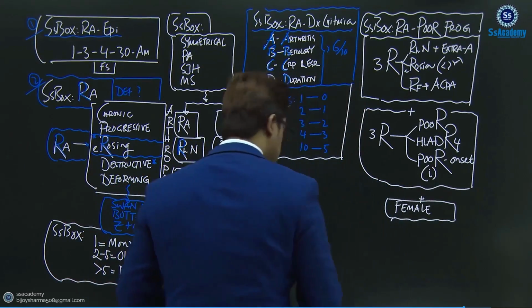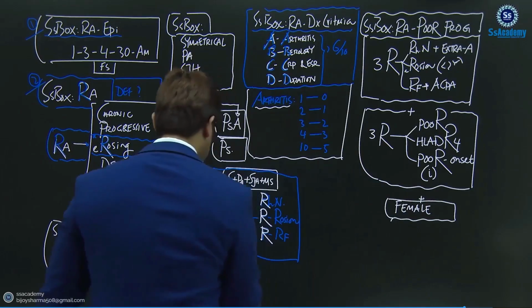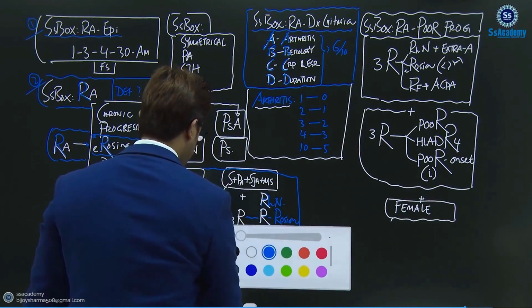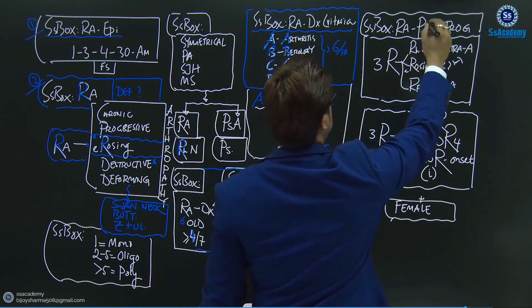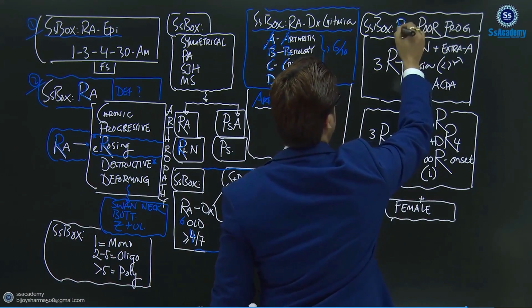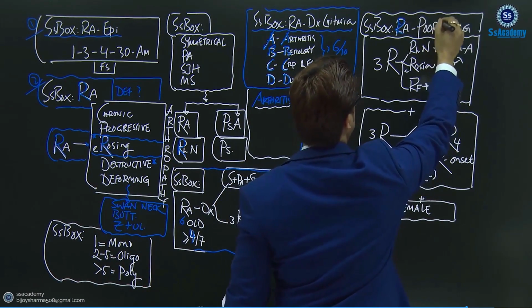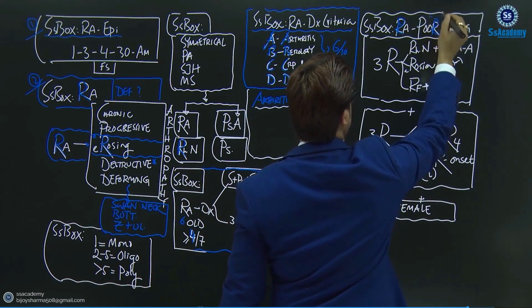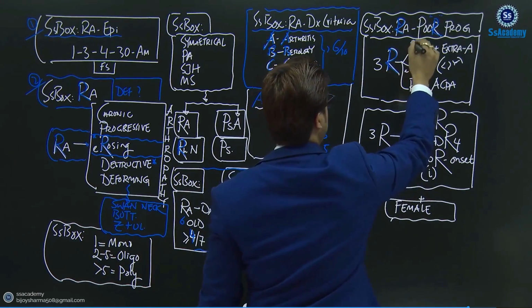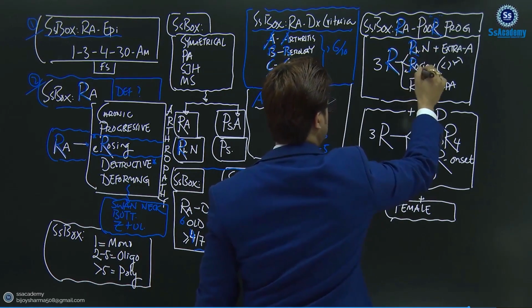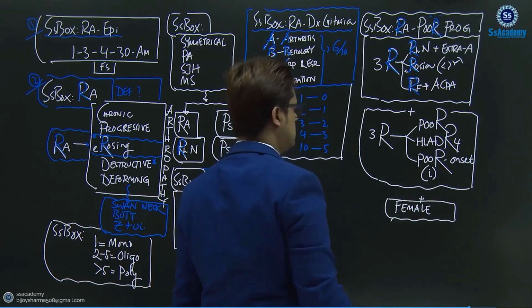So the poor prognostic features that you need to remember for rheumatoid arthritis, the rule of R. So 3R already we know: the rheumatoid nodules, erosion, and rheumatoid factor.